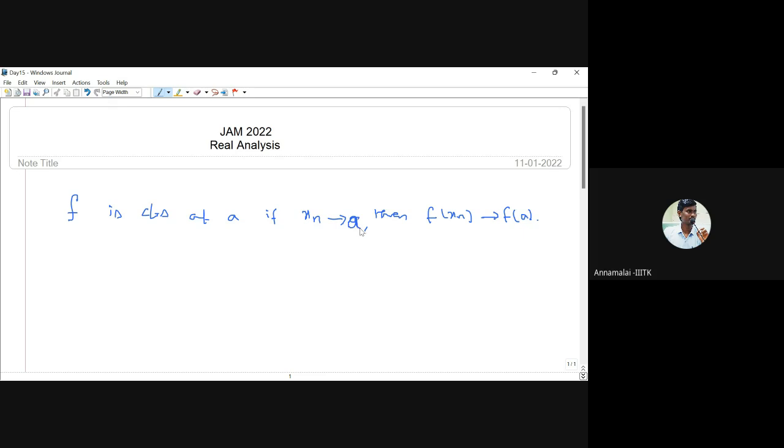If we take any sequence xn converges to A, f of xn converges to f of A, then we say f is continuous at A.